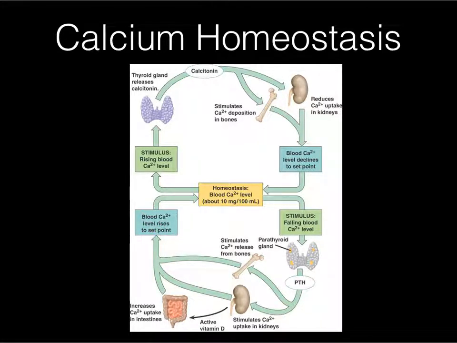When your blood calcium levels get to the proper point, about 10 mg per 100 mL, your parathyroid glands sense that, okay, blood calcium levels are fine now, and they stop secreting parathyroid hormone. This is a classic negative feedback loop.